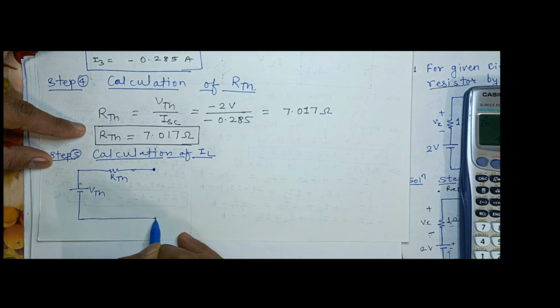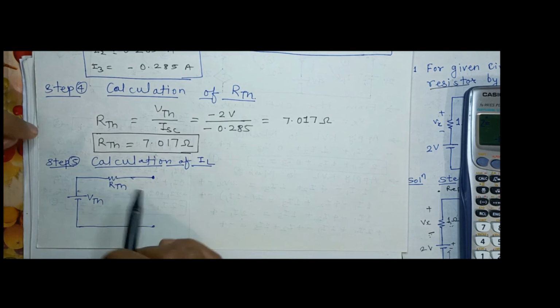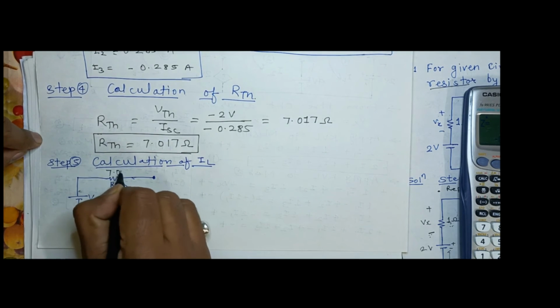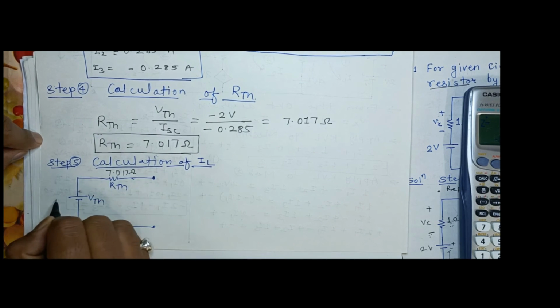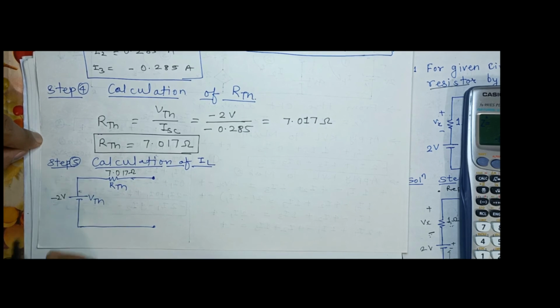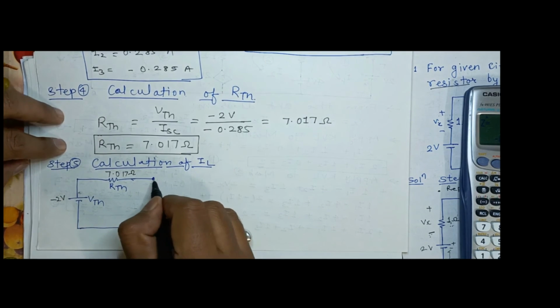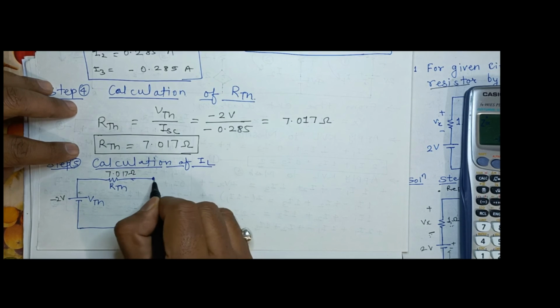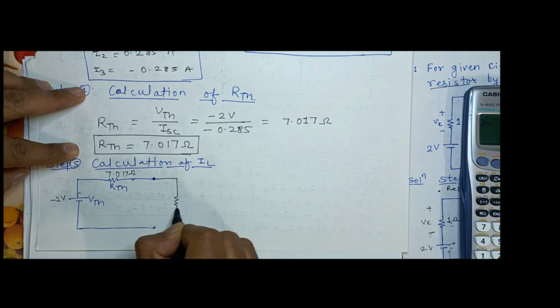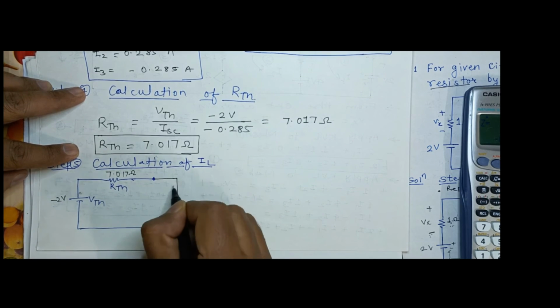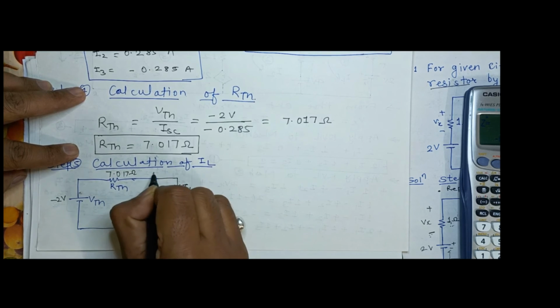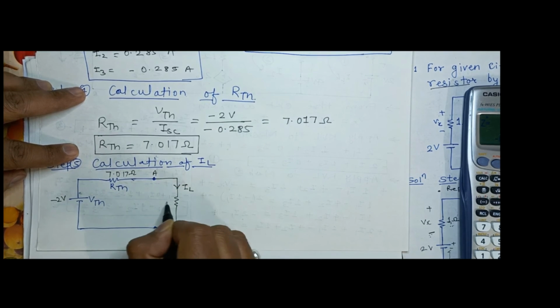This is our Thevenin's equivalent circuit. RTH equals 7.017 ohm, and VTH equals minus 2 volt. Across this we have the load resistance, and this is IL, this is A, this is B, and RL equals 10 ohm.